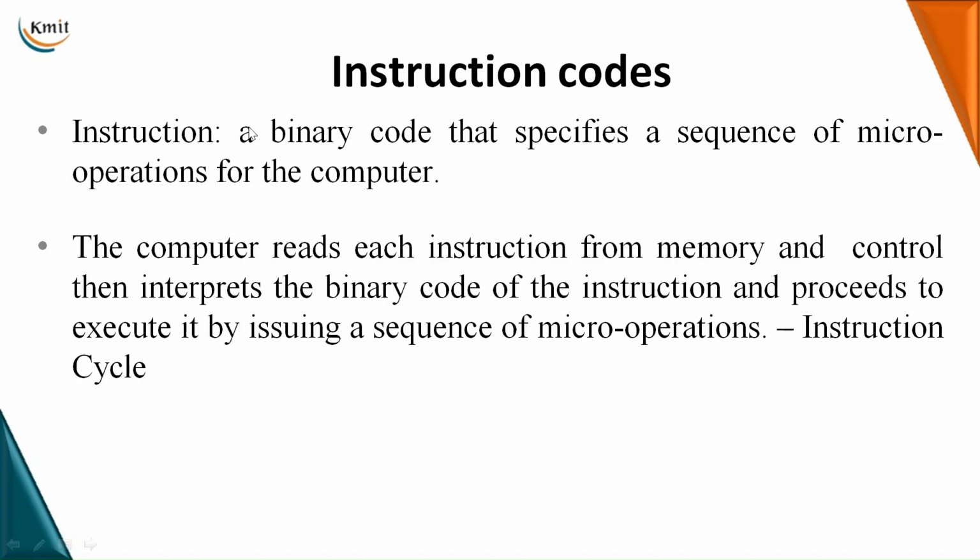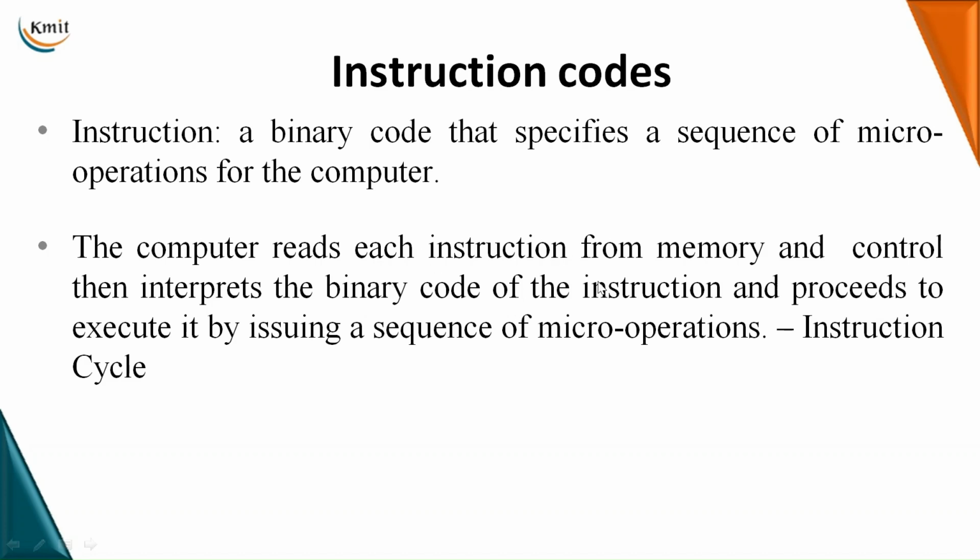An instruction is a binary code that specifies a sequence of micro operations for the computer. The instruction gets executed with the help of an instruction cycle, which tells you about the step-by-step execution of an instruction. Initially the computer reads each instruction from the memory, and the control determines the binary code of the instruction.